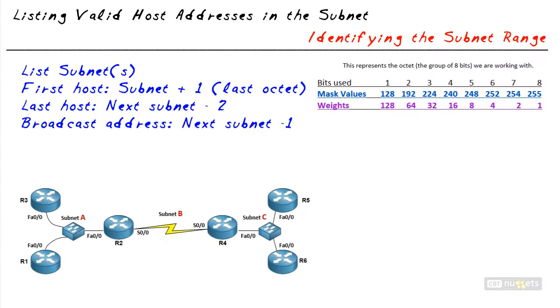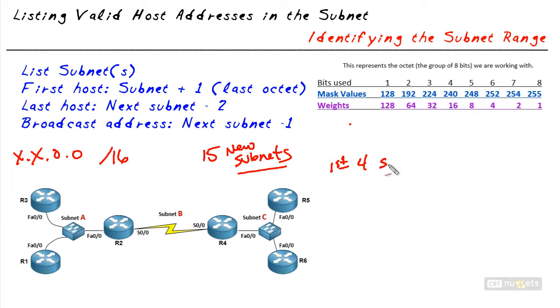So let's you and I do another exercise. For our requirement, let's say that we have a /16 to begin with, and it really doesn't matter what those first 2 octets are. If the initial mask is 16, that's what the initial mask is. And let's say we have a requirement to create 15 new subnets. What I would like you to do is list the first 4 subnets and their ranges.